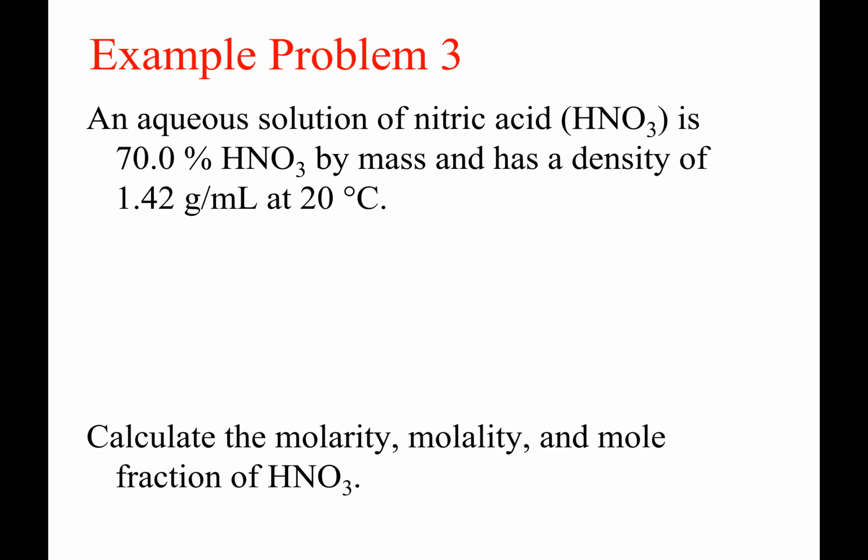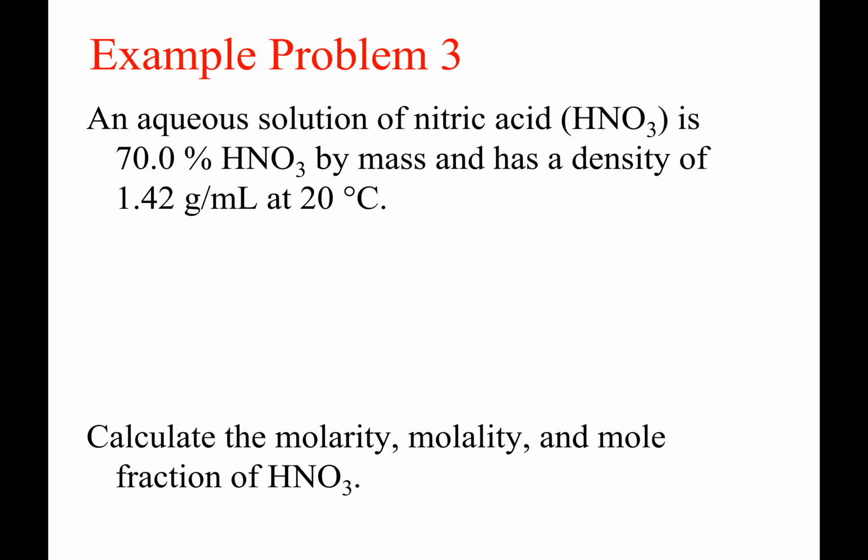Before I leave that, if that's the case, how many grams of H2O are there in 100 grams of the solution? 30. Yep, there are 30. Does that make sense? That might be helpful, the grams per 100 grams of solution.